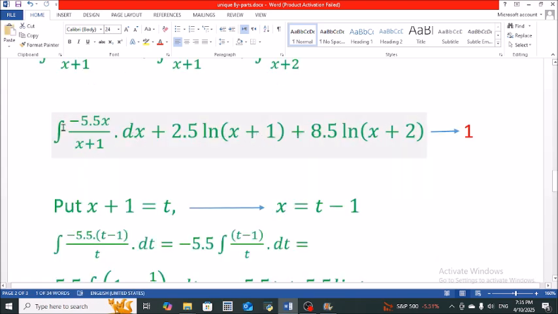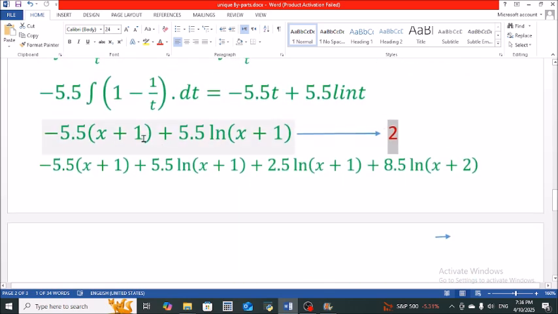This is the integration of the two rightmost terms, and adding 1 to 2, which is the result of the integration of the leftmost partial fraction, we get the integration of our problem: minus 5.5 x plus 1 plus 5.5 ln x plus 1 plus 2.5 ln x plus 1 plus 8.5 ln x plus 2.